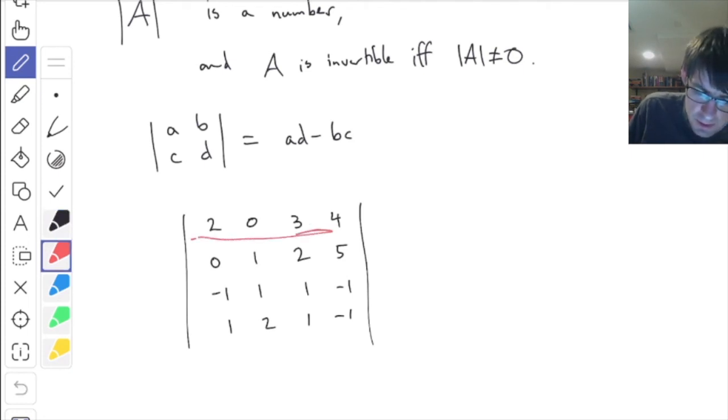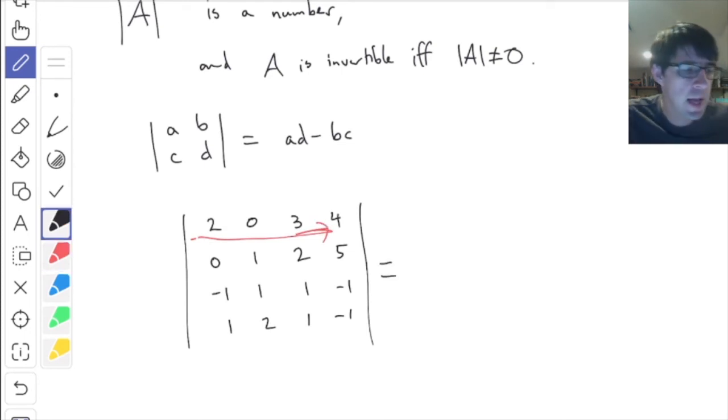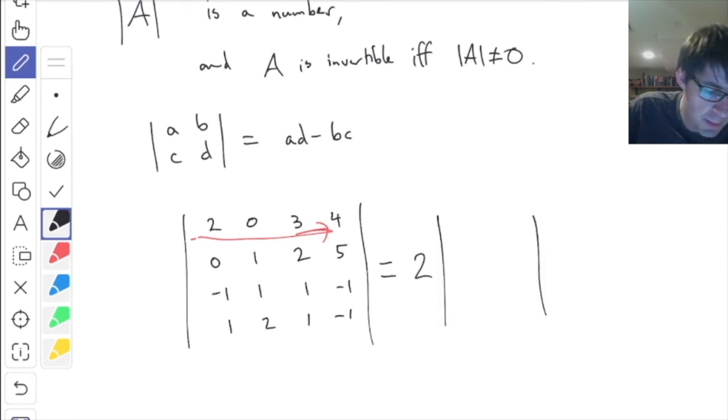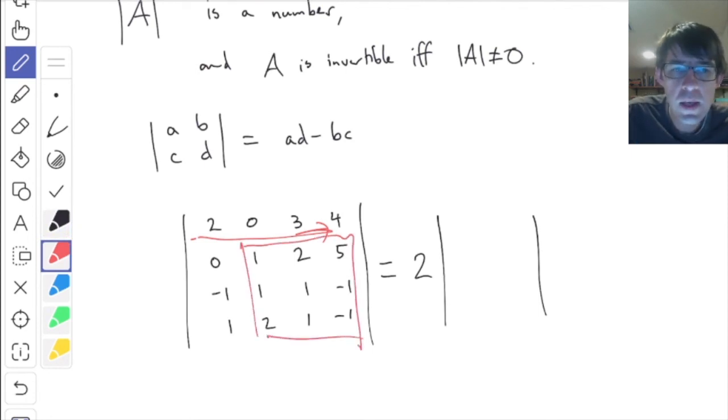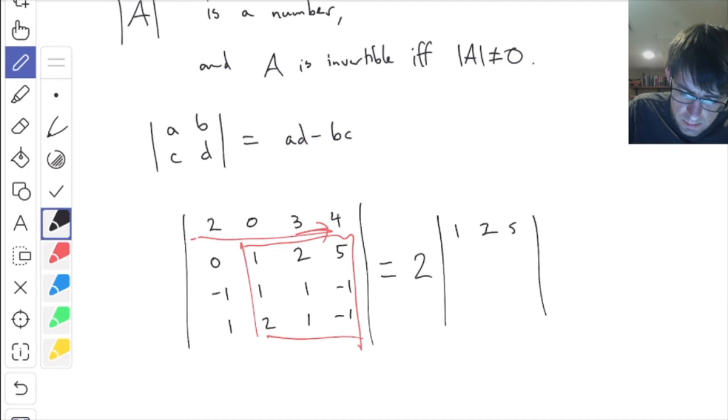You take each element in that row and use it as a coefficient, and you put it in front of the subdeterminant. So I begin with a 2 as the first coefficient, and then the 2 is multiplied by a 3 by 3 determinant of what you see if you erased the column and row that that 2 is in. So I multiply that times this 3 by 3 determinant, 1, 2, 5, 1, 2, 1, minus 1, like that.